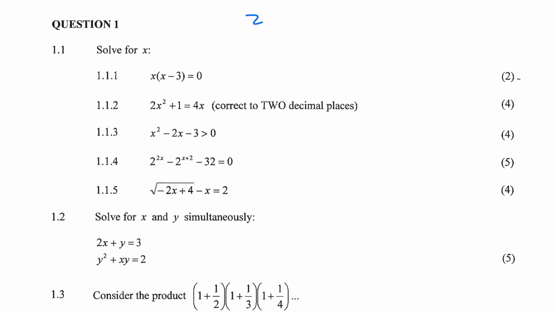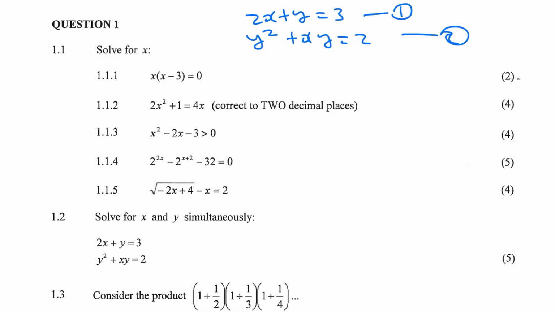So for 1.2, it's a simultaneous equation. You've got the first equation, and you've got the second equation, and you can find a third equation, right? You can maybe use this and solve for y as the third equation. Let's make it complicated.